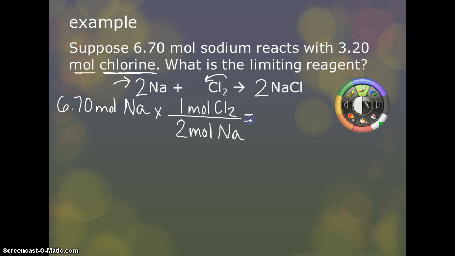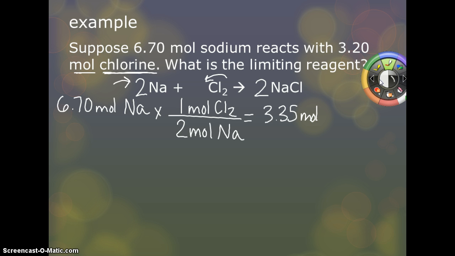And since that's what we're trying to find, you're just going to do the math. So 6.70 divided by 2 means you're going to have 3.35 moles of chlorine. And this is what you need.